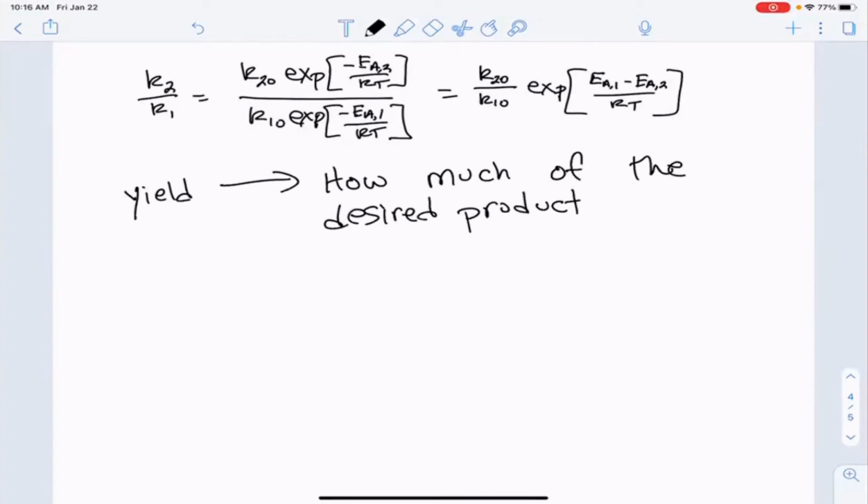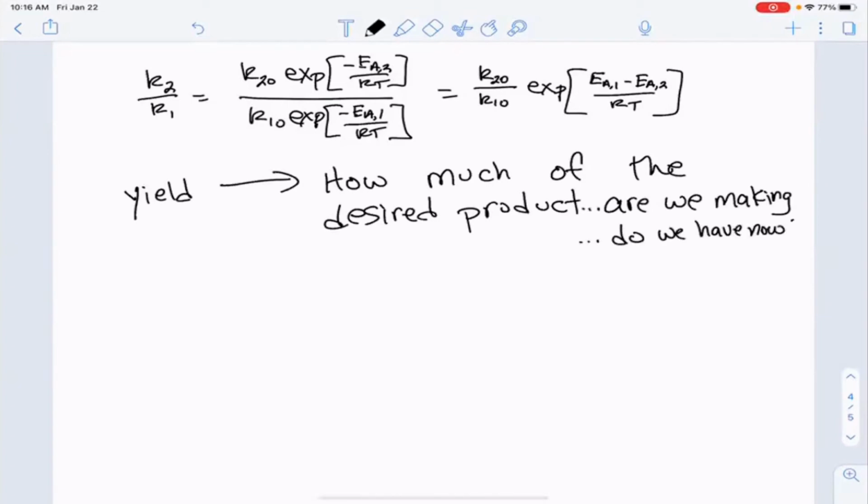I don't know if that makes sense, but how much of the desired product are we making? Or do we have now? Okay, in the reactor.